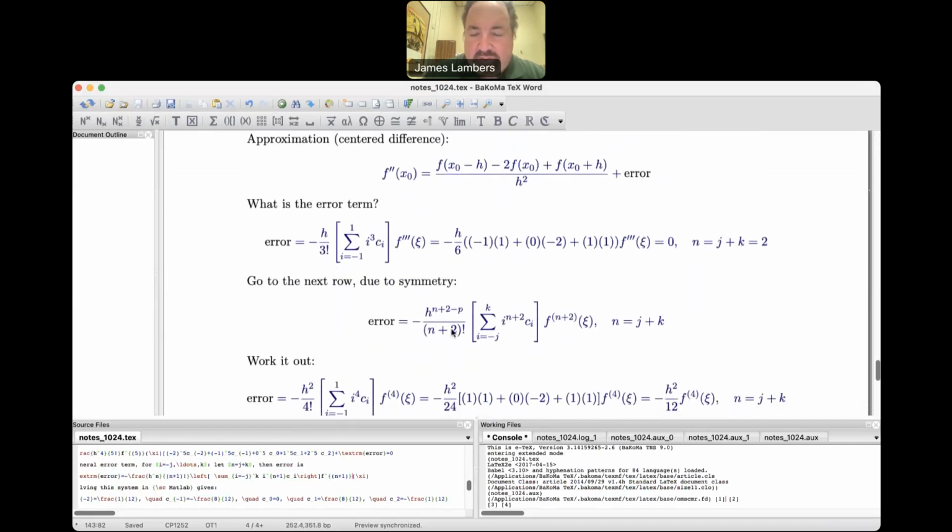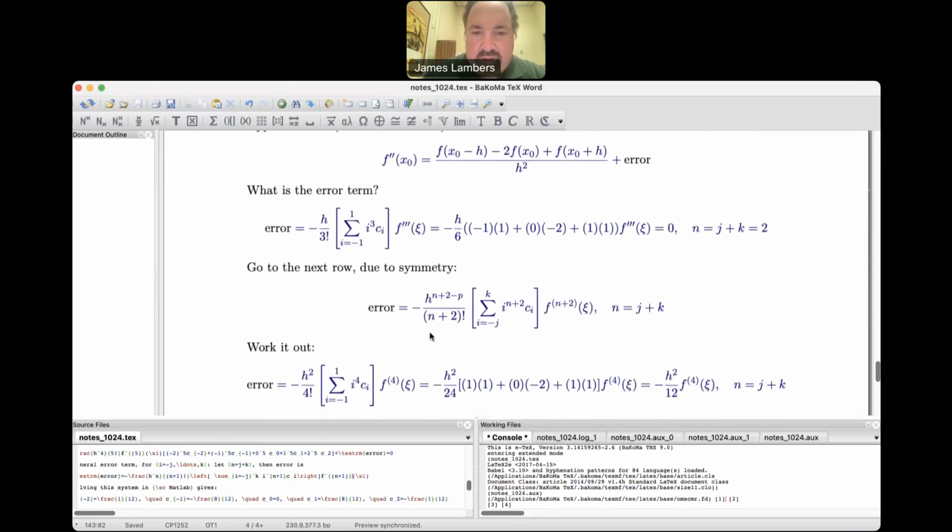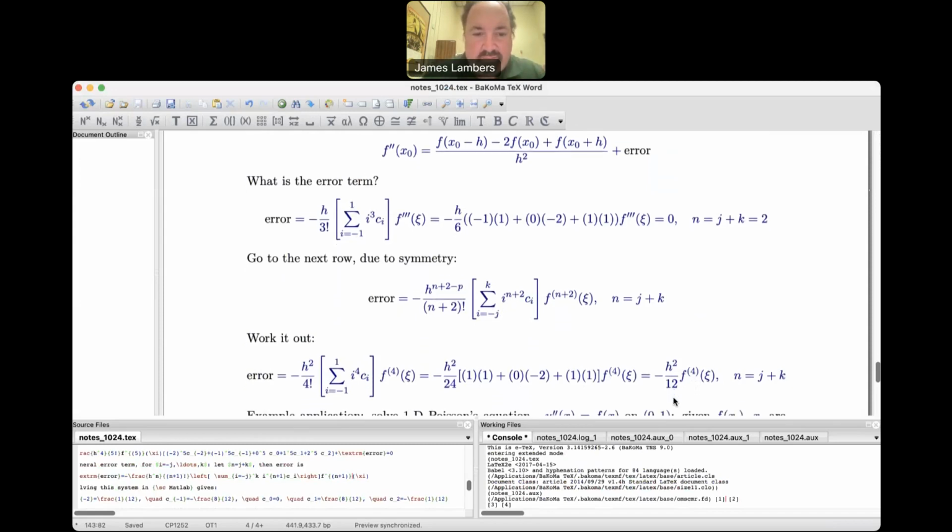So now this is what we're using. And so we fill in everything, the coefficients that we have, and n and p are both equal to 2. So now we get something that's non-zero in this case. So that is the error term. So the error is order of h squared. Okay.